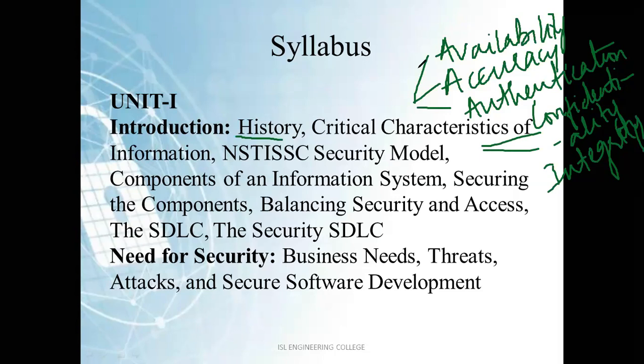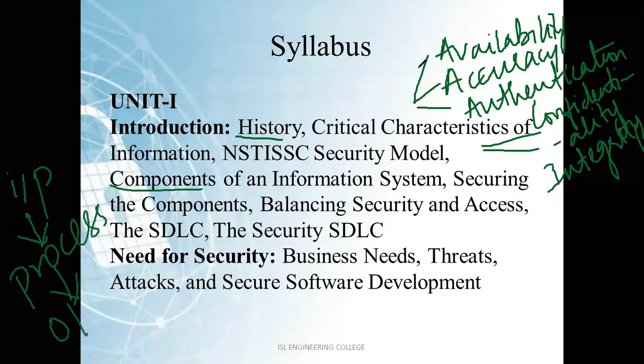Then coming on to the components of an information system. Within these components, you're going to identify what input you give to a particular system, how this input is going to be processed, and what the output is going to be. Whenever you're designing a secure information system, you need to know what the input is and what you need to get as the output.